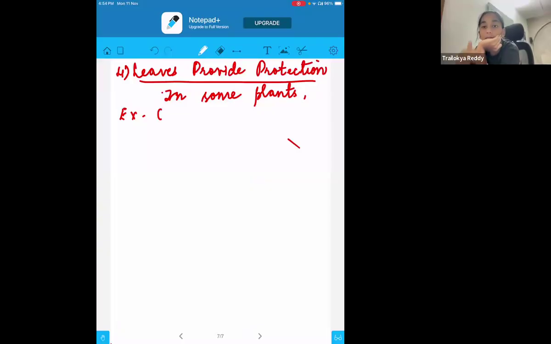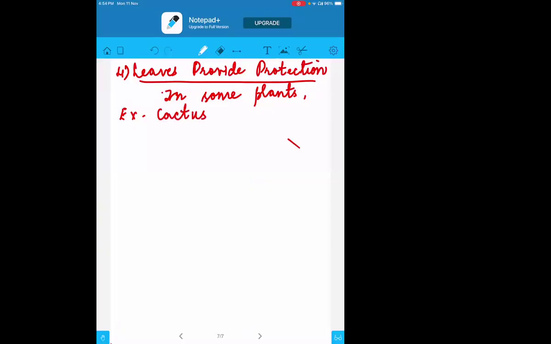Yes, ma'am. Okay, so in some plants like the cactus, the leaves basically have spines, and these spines will protect them. Also the water loss will not be there, because they have to save water. Unless they save water, they will not be able to survive, right? They live in the desert.